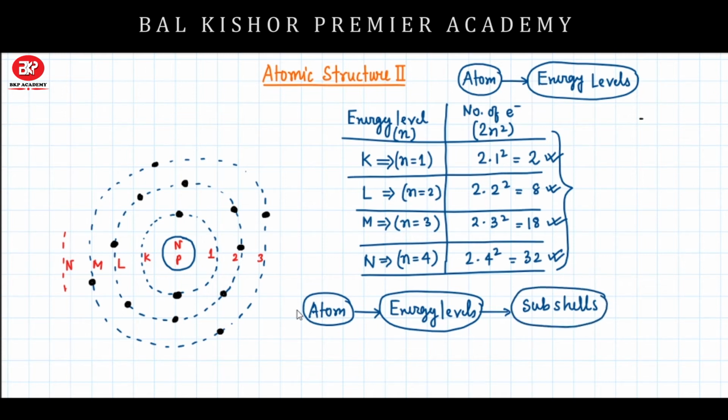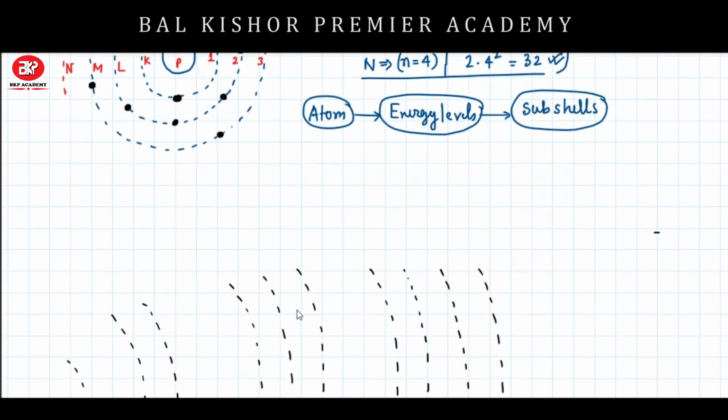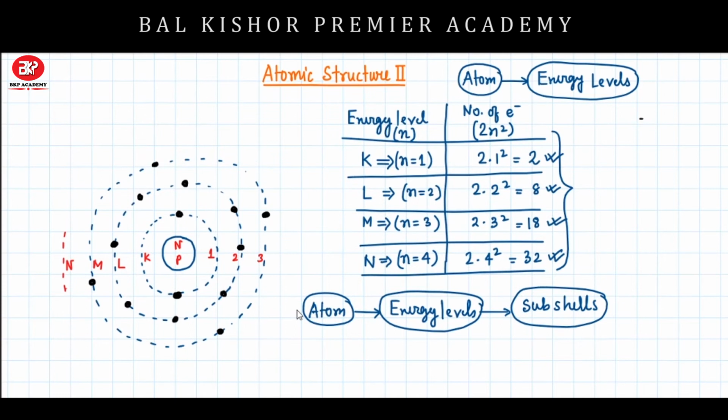Generally, an atom can have different subcells. The subcells for any energy level will be like this. In the K energy level, there will be only one subcell, that is S. Here I am writing the subcells.